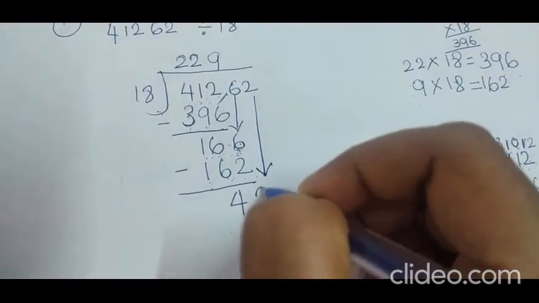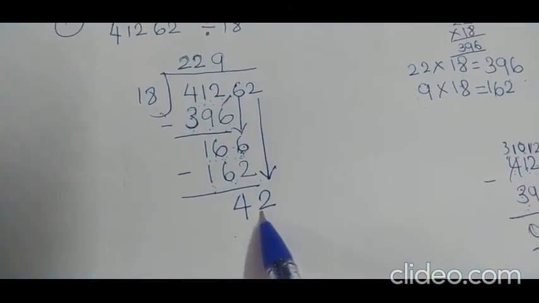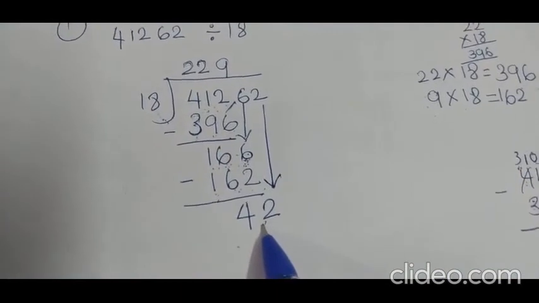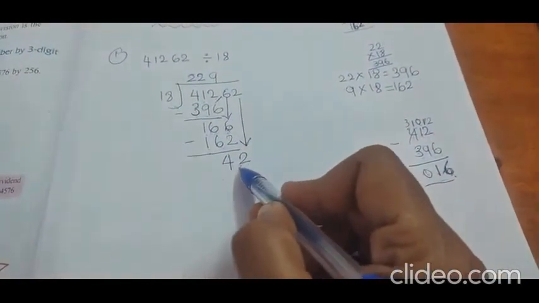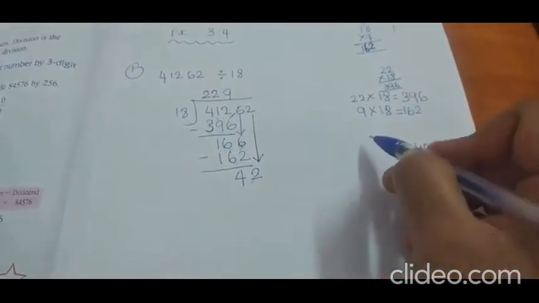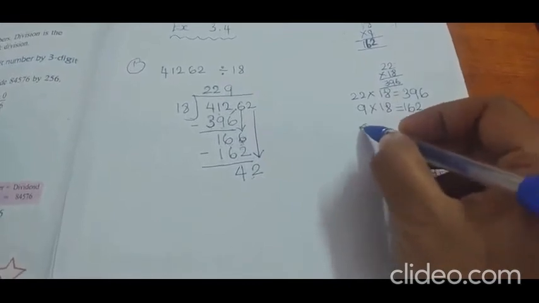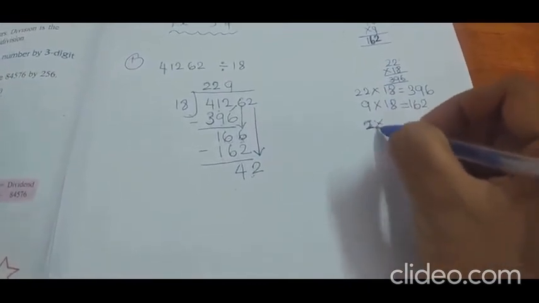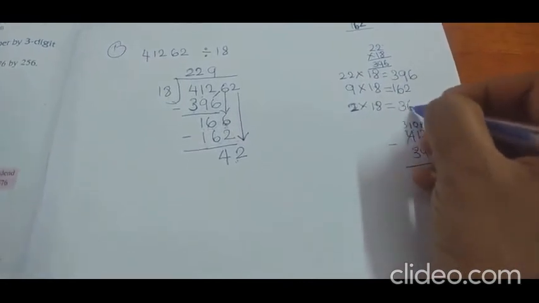And then the next digit, that is 2. Bring it down. Now we have to find out how many 18s are there in 42. So we will multiply this 18 with 2, with the second table. 2 18s are how much will come? 36.